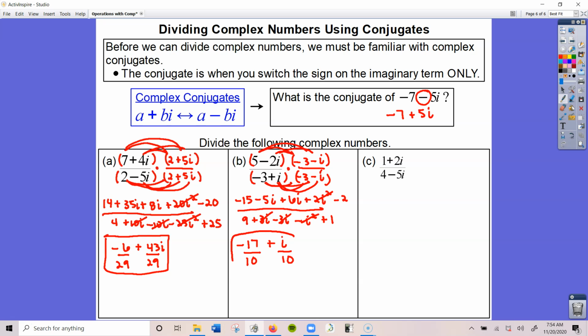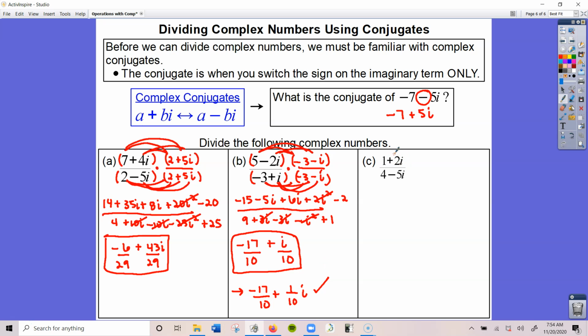So this is an acceptable answer. But if we're writing it in that a plus bi form, we would say negative 17 over 10 plus 1 over 10 i. See how it's a plus b and then i. So this would be a more accurately written answer.